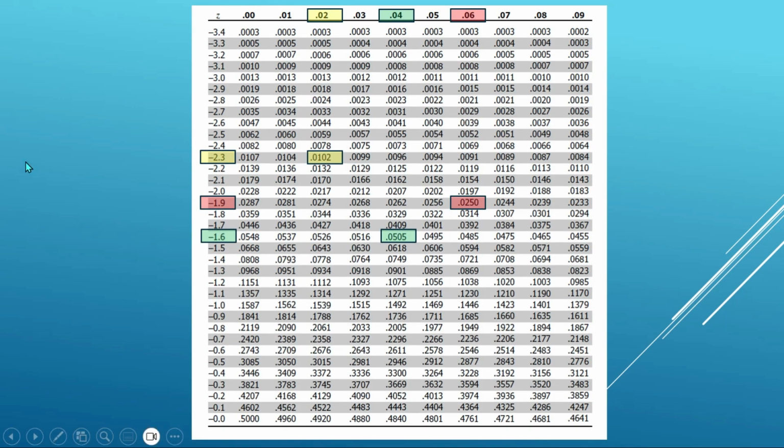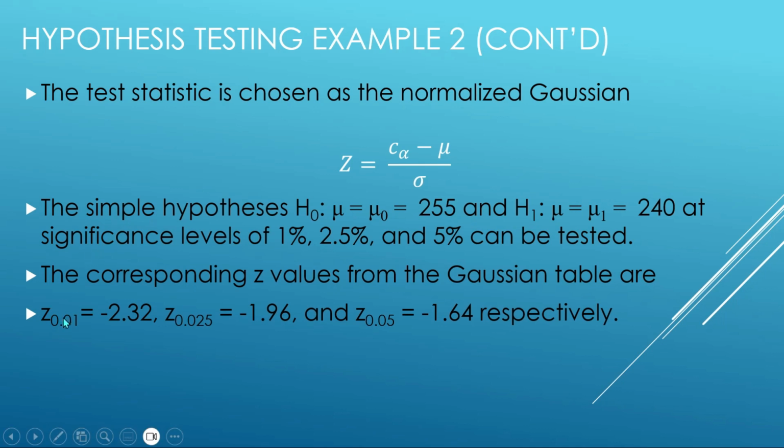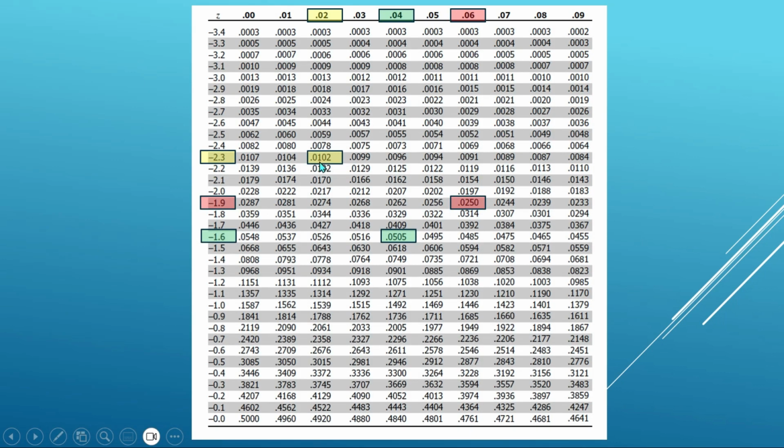We can see it from this Z table. For 0.01, this is the closest value, we have minus 2.32. For 0.025, we have minus 1.96, and for 0.05, 5%, we have minus 1.64.